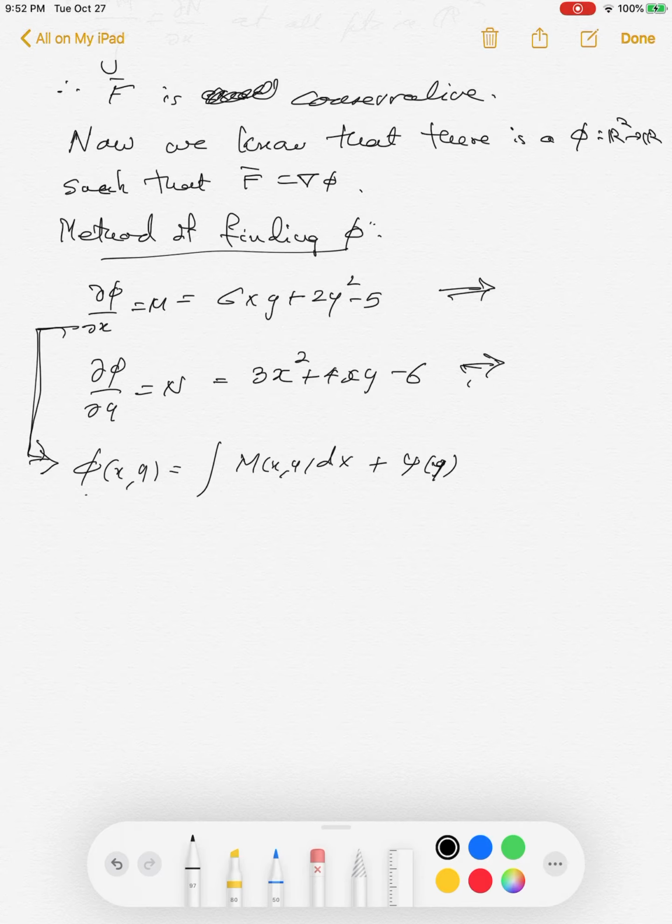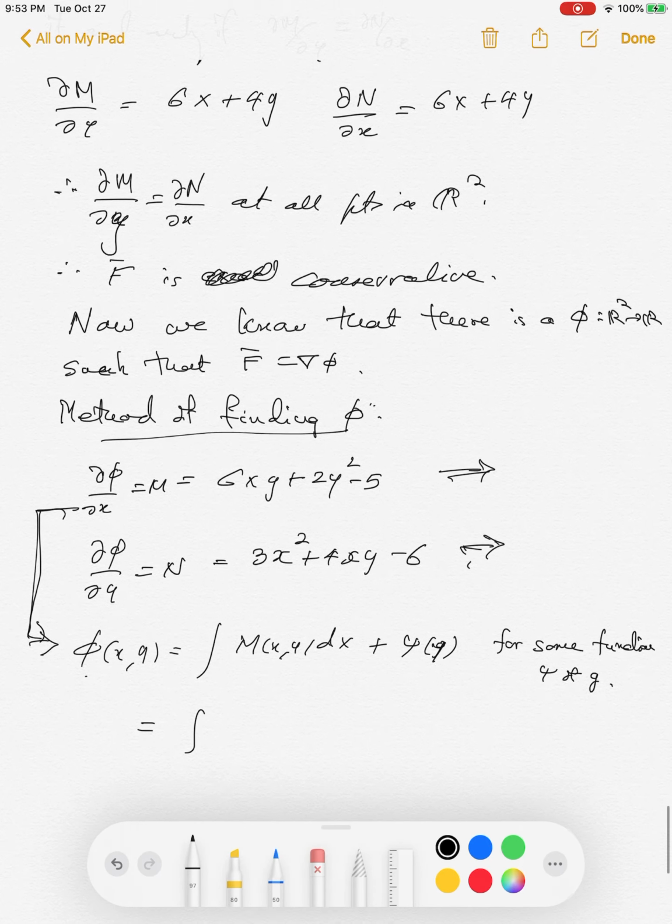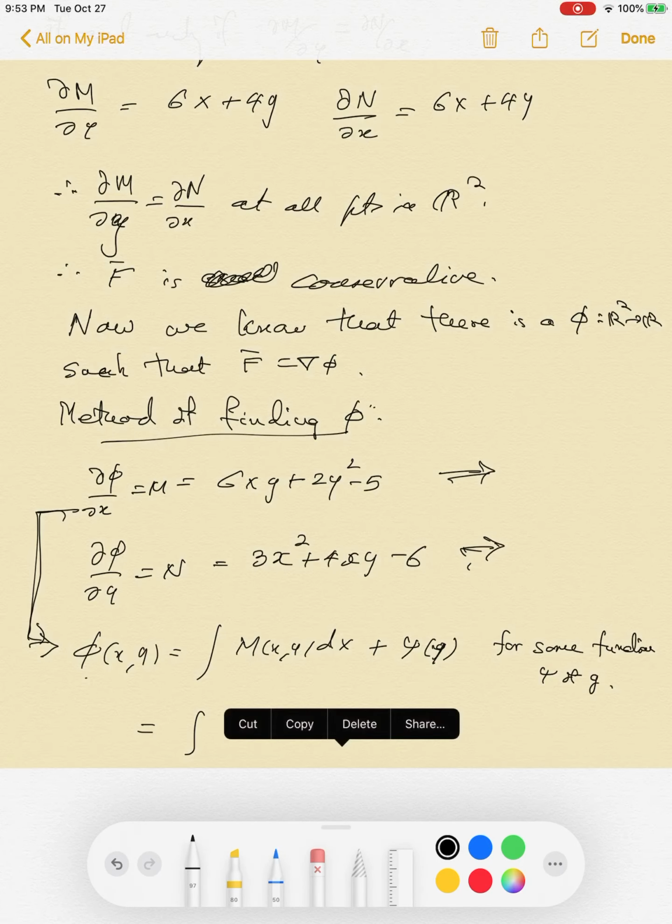So the first condition, d phi/dx equal to M, says that phi must be integral of M(x,y) dx plus some function psi of y.